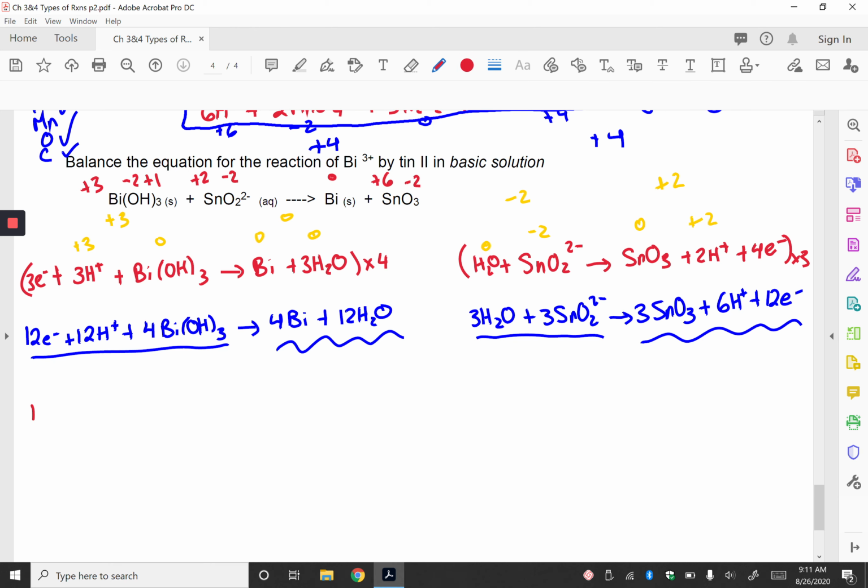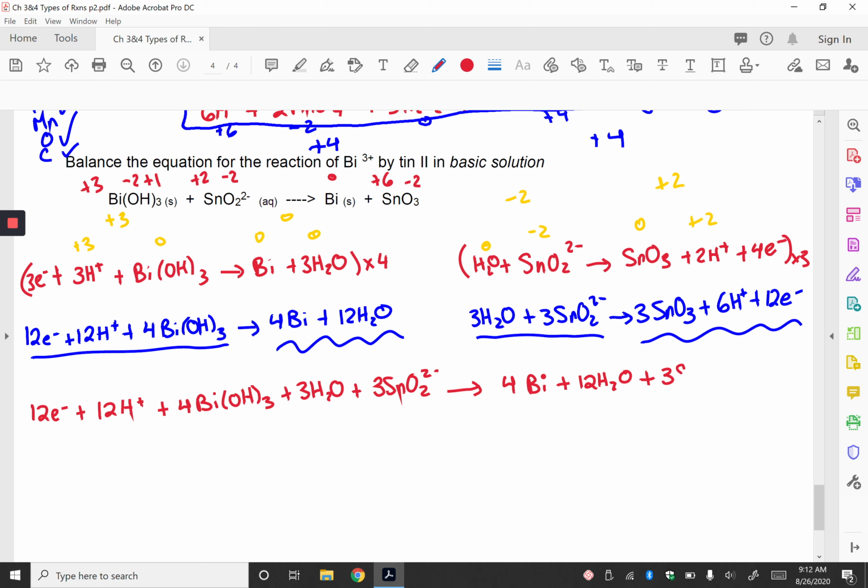So I'm going to say 12 electrons plus 12H plus 4 BiOH3 plus 3 H2O plus 3 SnO2 2 minus yields 4 Bi plus 12 H2O plus 3 SnO3 plus 6 H plus 12 electrons.